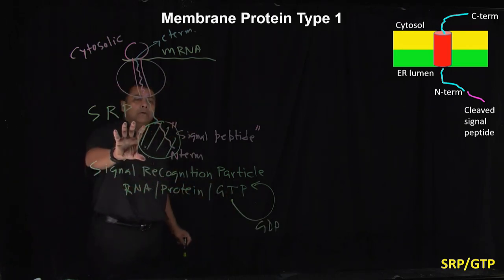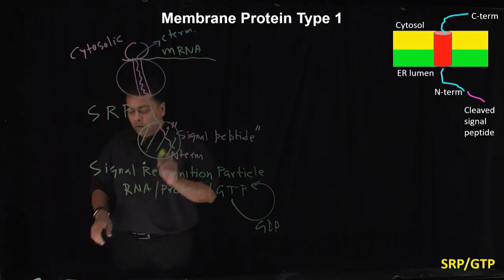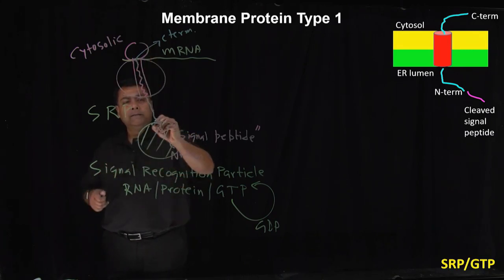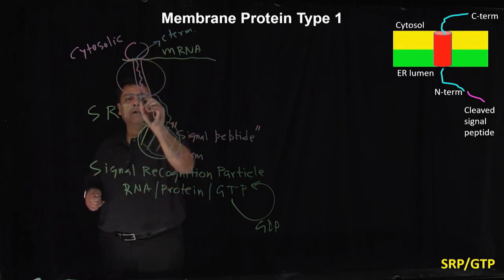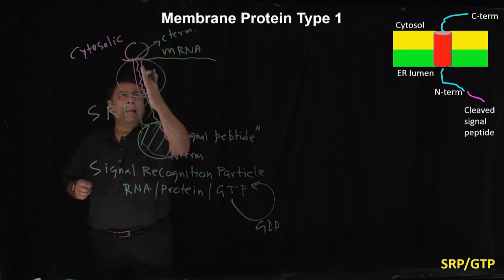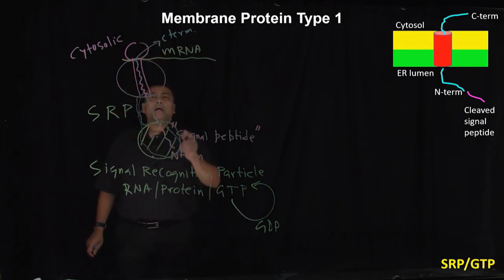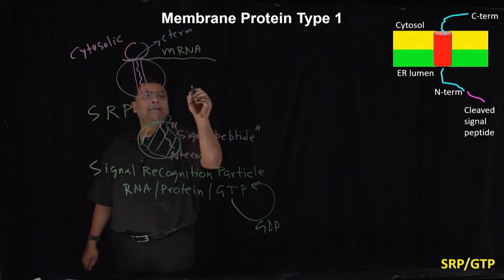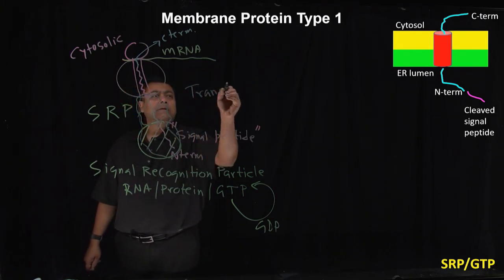Now, as soon as the signal peptide is covered by the SRP, that will cause something. Just think about it: this very large RNA-protein complex is covering this part. It doesn't allow the ribosome to translate the protein anymore, and that we call translation arrest.